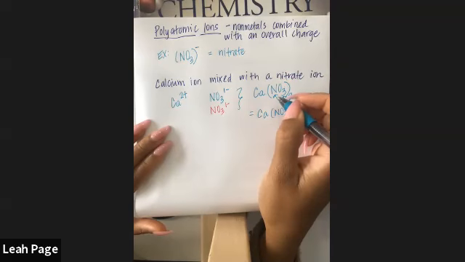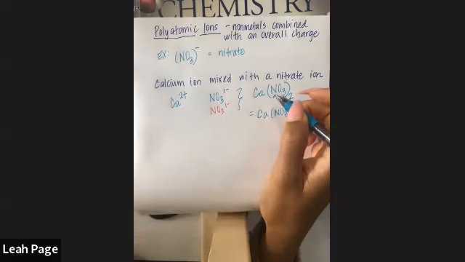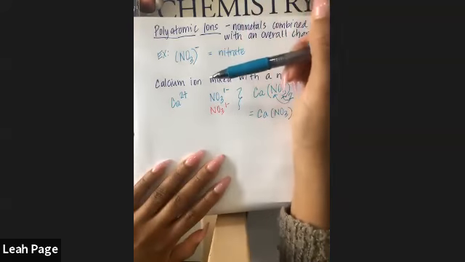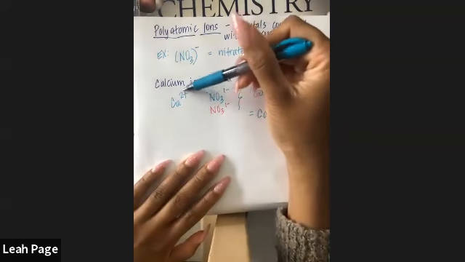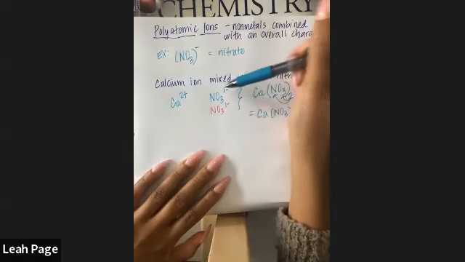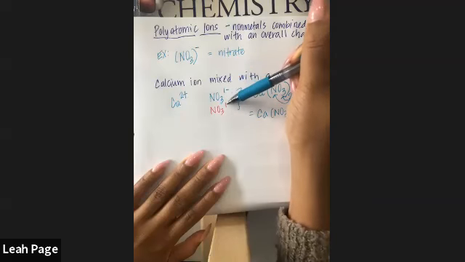Okay. Does that make sense, Sandra? You need me to say it again? Does anybody need me to say that again? I'll just say it again. Remember, this 2+ means I have 2 missing electrons. This 1- means nitrate has 1 extra electron. So if I have 2 nitrates, that means I have 2 extra electrons.